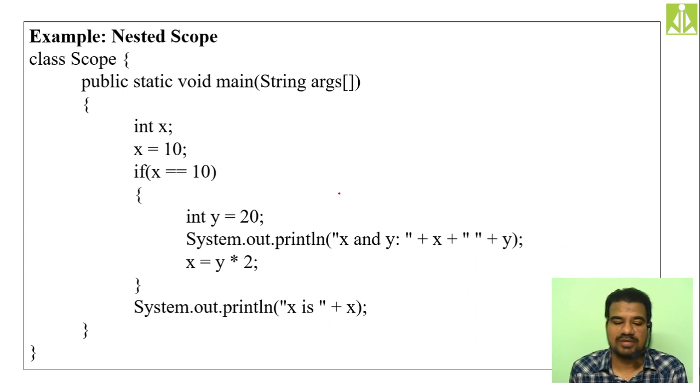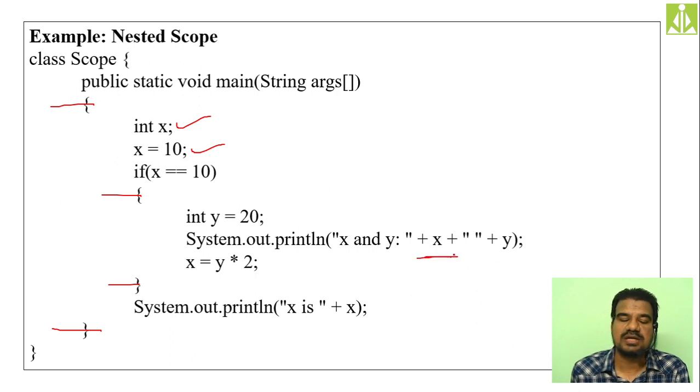So this is something you can see over here. The same example I am showing over here. X I am declaring, X I am initializing, and I am trying to access X. This is my inner scope and this is my outer scope. I am trying to access X, which is declared inside the outer scope, inside the inner scope. So here I am accessing X. So this is completely valid.